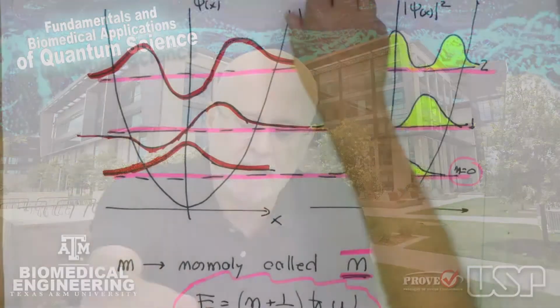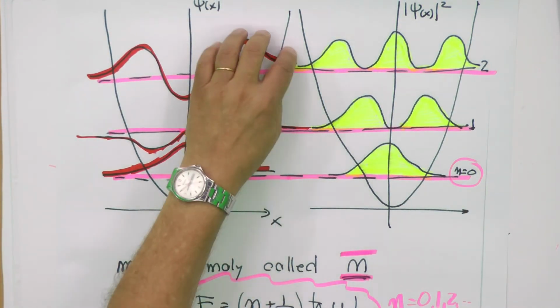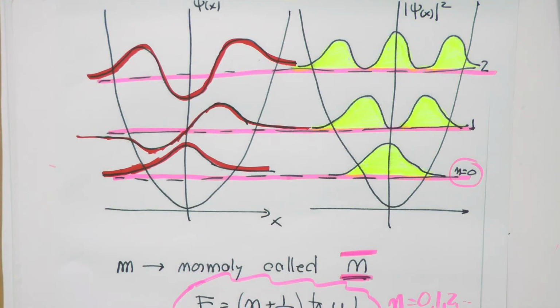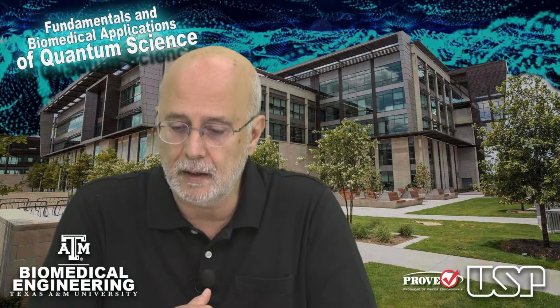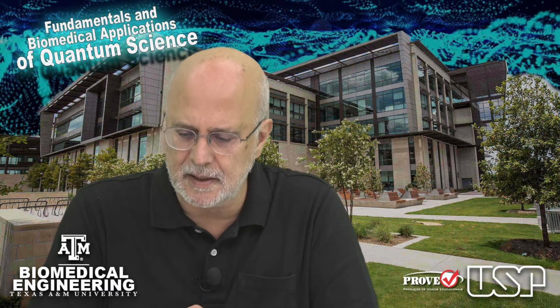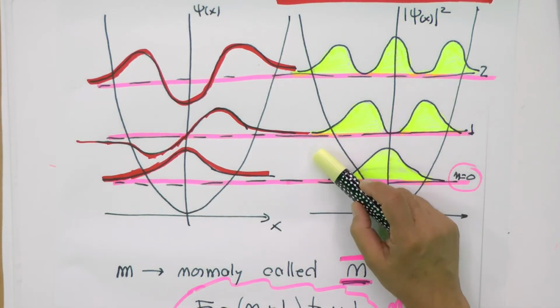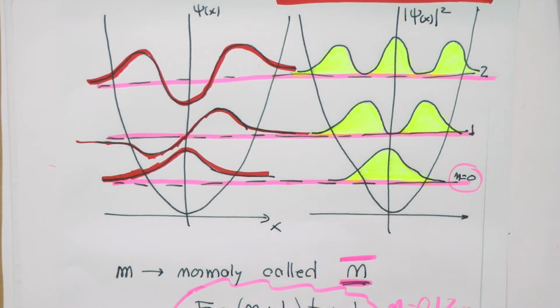It's going to the classical case, where you can actually see that the probability builds up a little bit further toward the edges of the harmonic oscillator. This is very interesting, and look, the number of oscillations, or the number of bumps, is n plus 1.